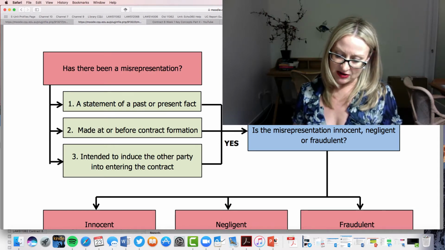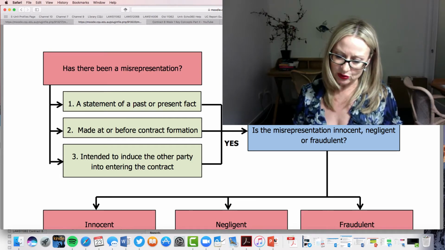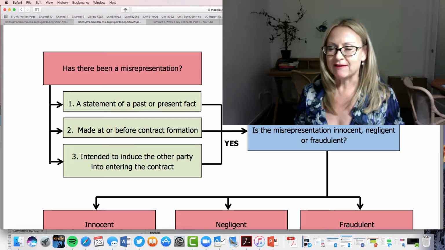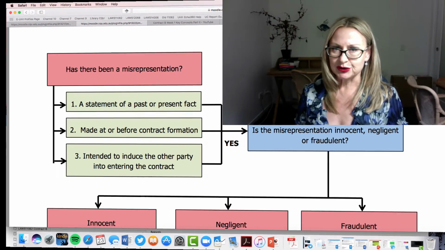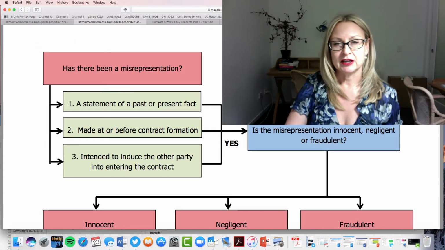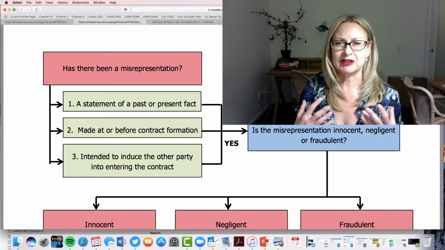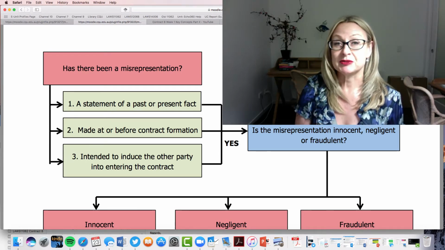If there is a half-truth that is stated, it will be actionable unless the qualifying facts are disclosed, okay?